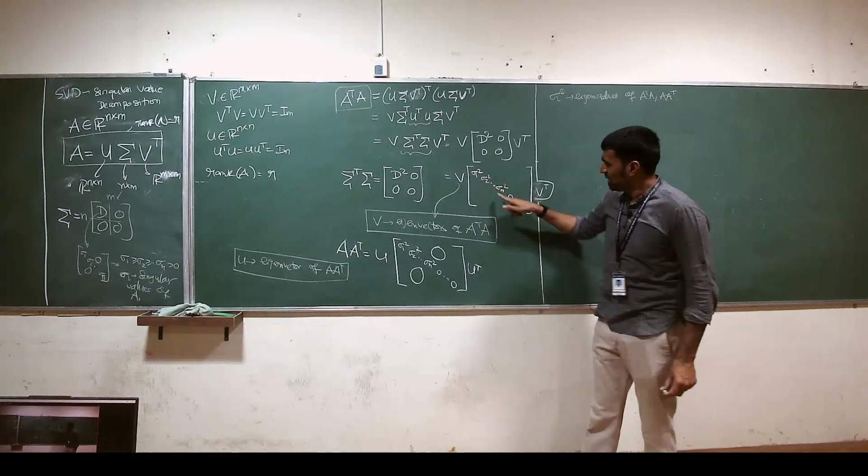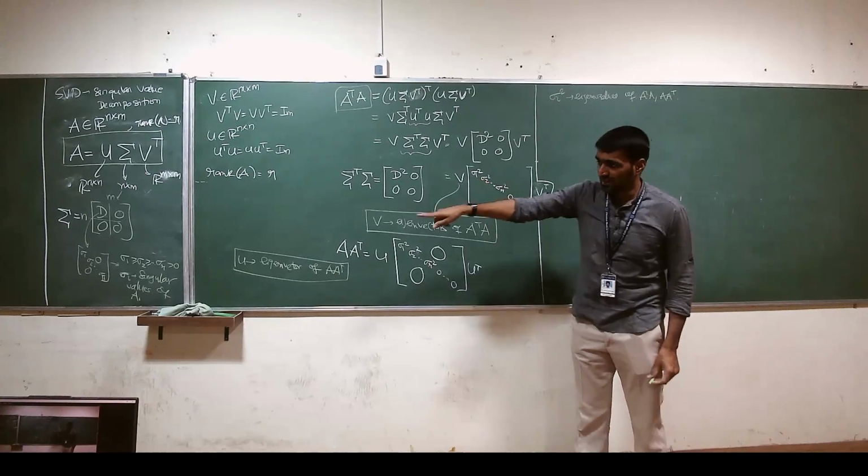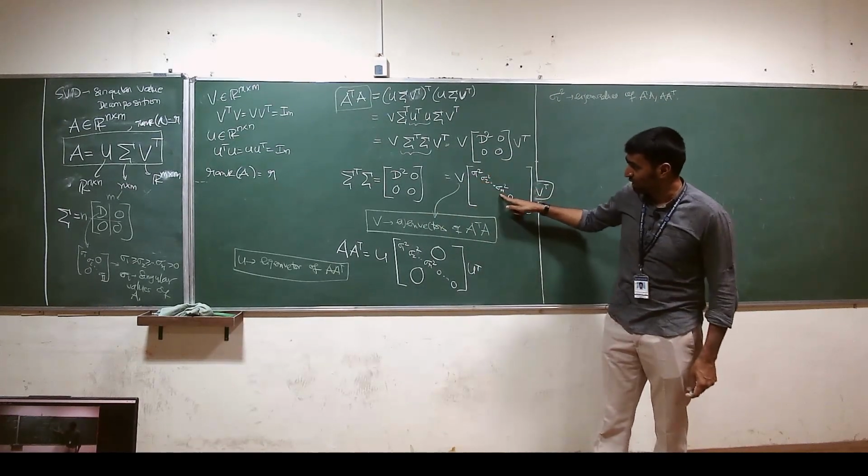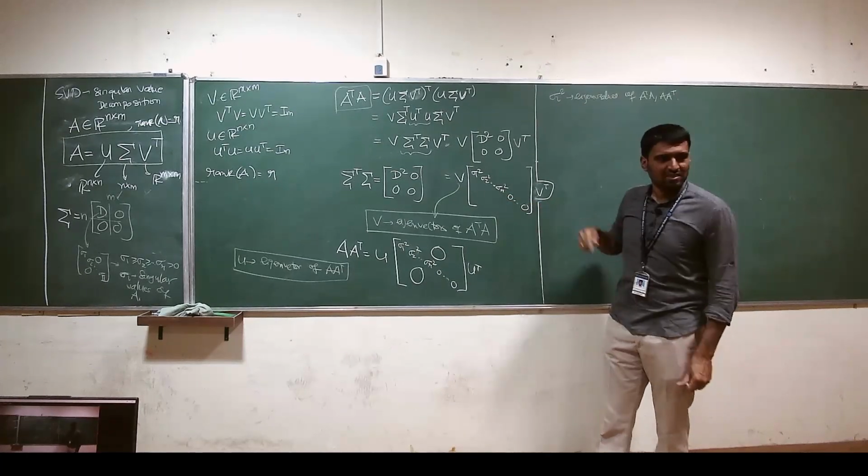Notice these are squares. Sigmas are real numbers, so these will be positive. These are positive semi-definite because you've got R non-zero values and then zero eigenvalues.